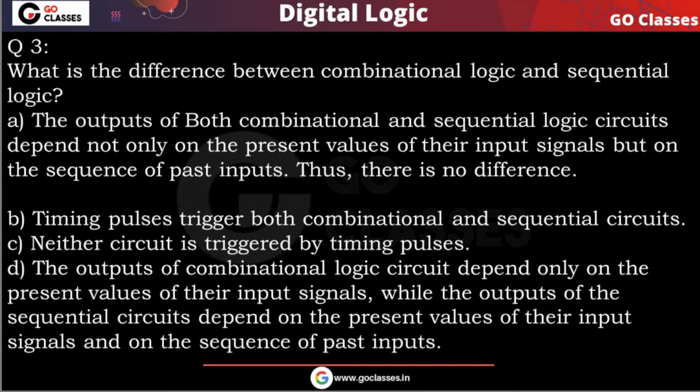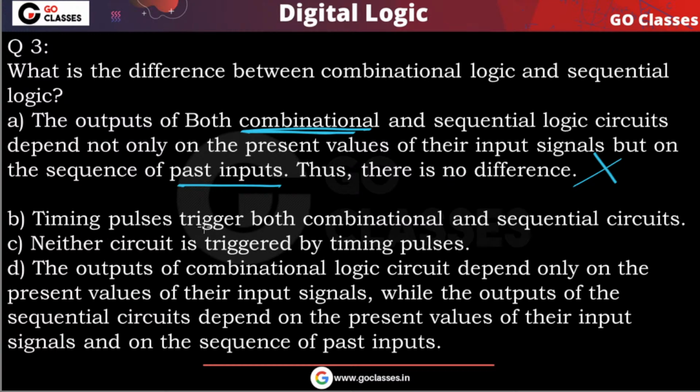Because in a combinational circuit, the output will depend only on the current inputs, the latest input. It will not depend on the past inputs. So option A is wrong.